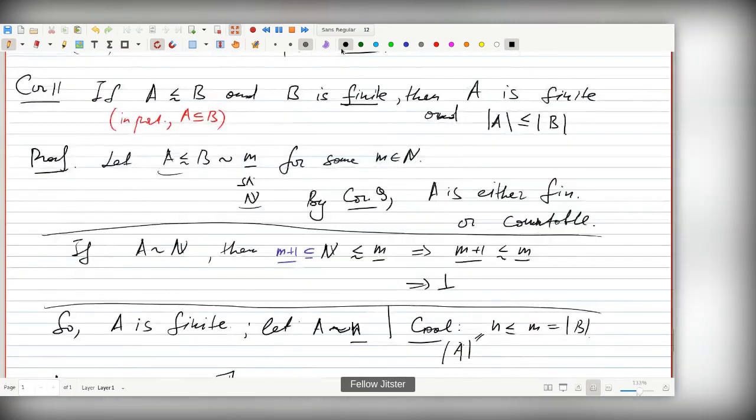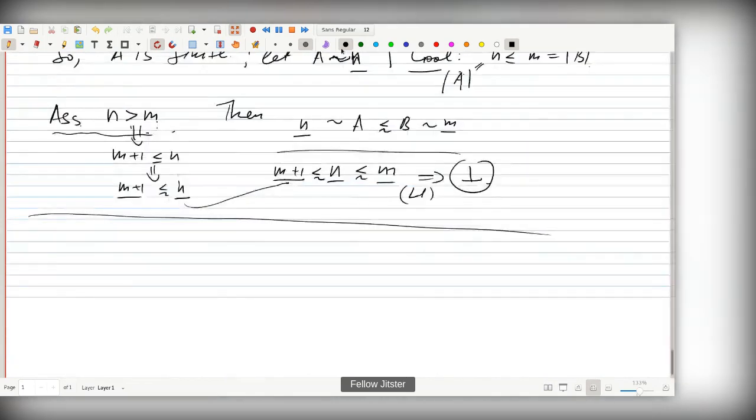Aha! So everything which is less or equal than a finite set is itself finite with a lesser or equal cardinality. In particular, we may consider, say, intersections and differences of a set.